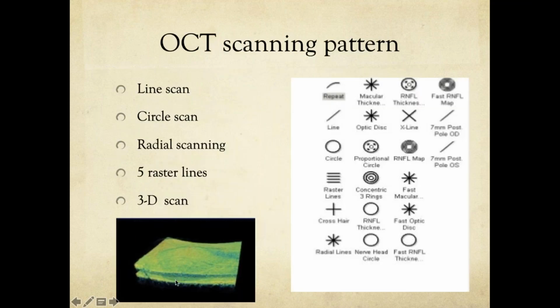Now, the practice that we commonly follow is we only tend to look at the central macular thickness. So if you have sent a patient for an OCT and you get a central macular thickness of, let's say, 240, and the patient is diabetic, then what you usually tend to think is that, okay, the macular thickness looks good.